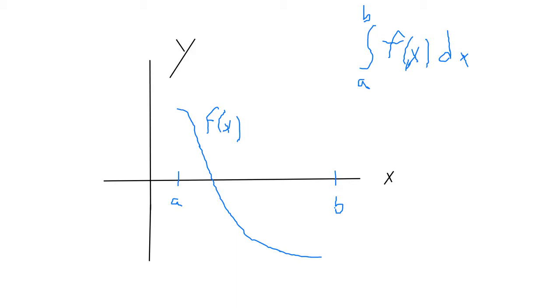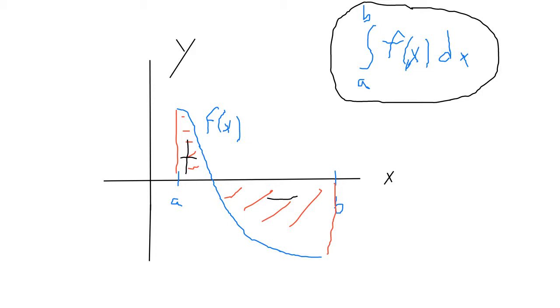Geometrically, the value of that integral is going to be the sum of the two areas. Jamal commented that we have positive area and negative area. So is this integral going to be positive or negative based on the function I drew?